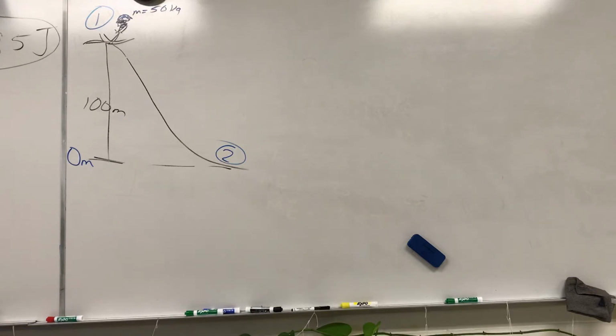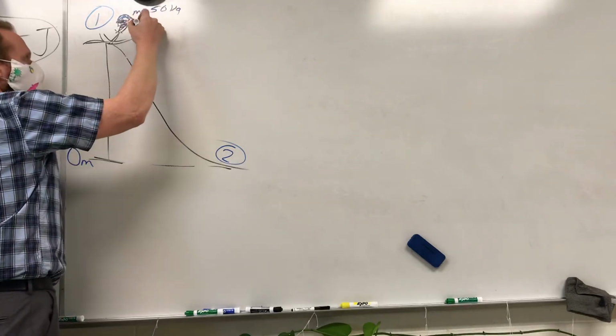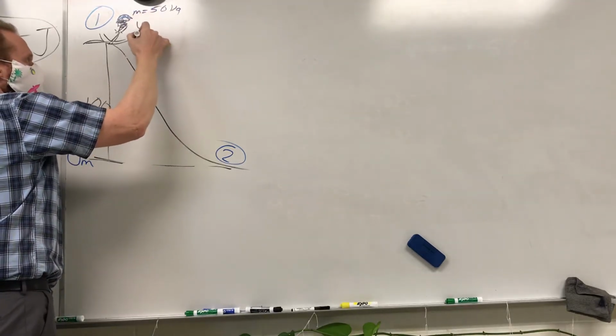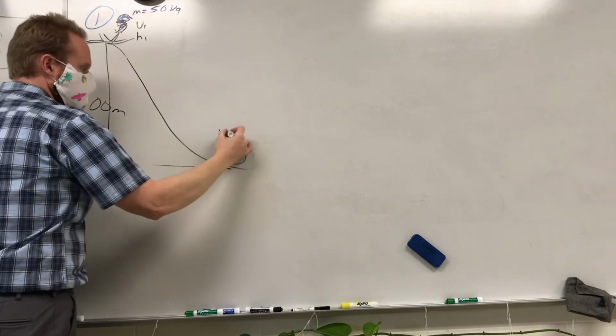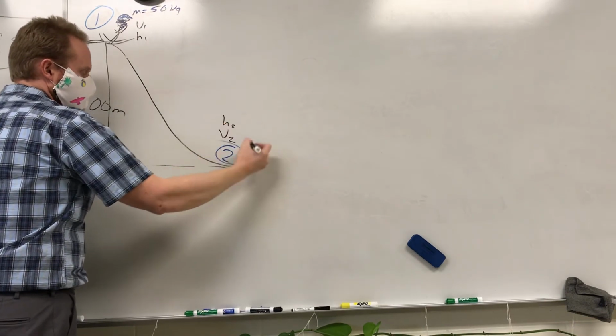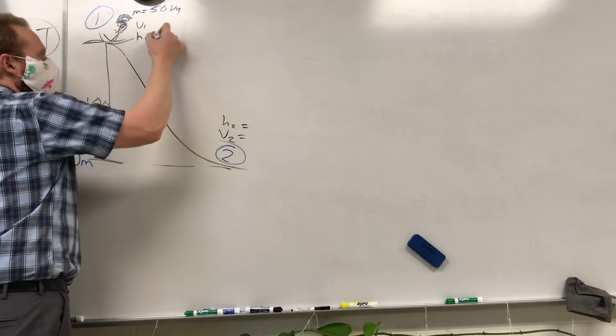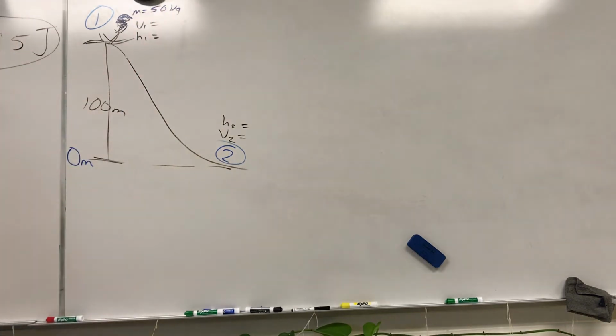Okay, so we're comparing those two heights. Mass isn't going to change, just for the record. So we are looking for V1, H1, V2, H2. And the more of this we put on our picture, the better off we're going to be.